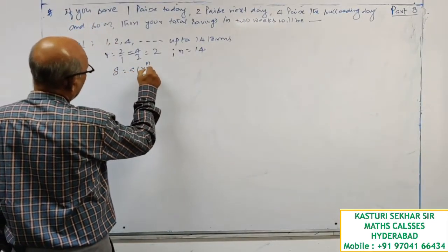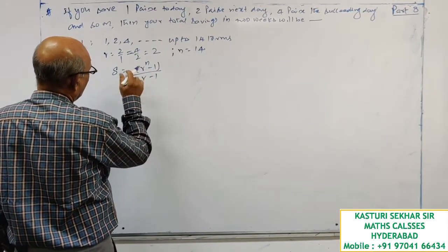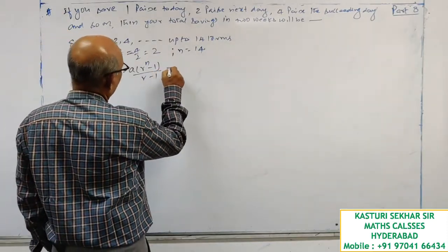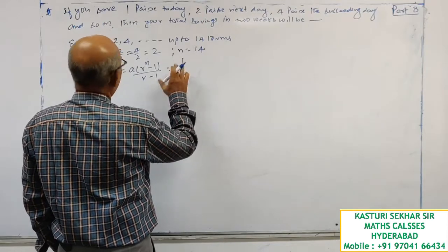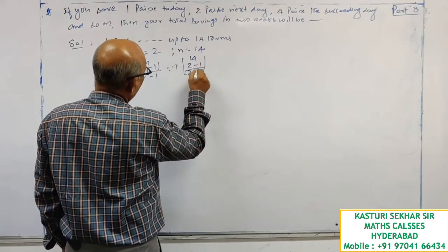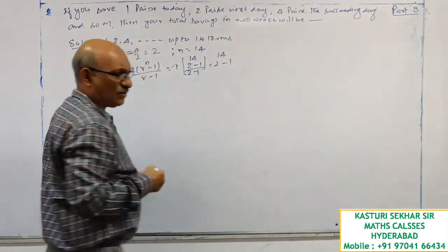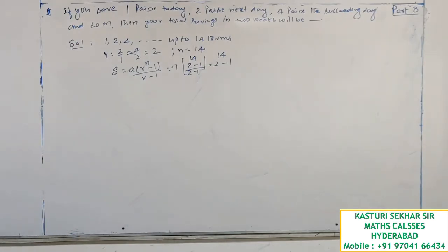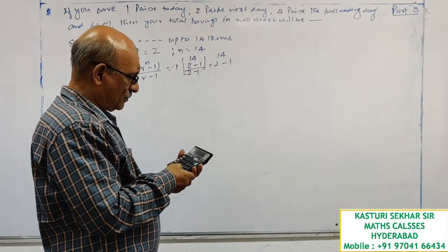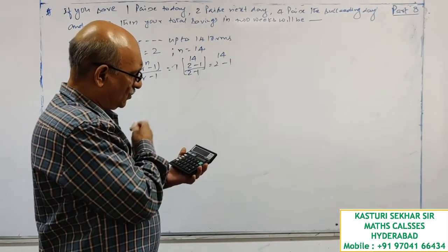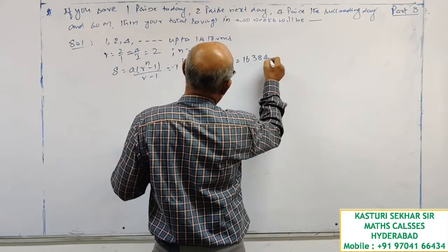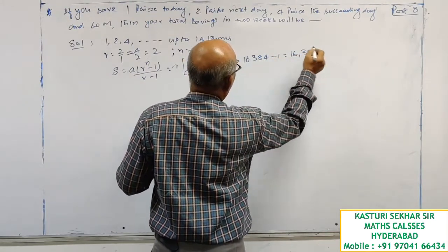S is equal to A into R power n minus 1 by R minus 1. A is equal to 1, common ratio is 2, so 2 power 14 minus 1 by 2 minus 1. 2 power 14 is 16,384. 16,384 minus 1 is 16,383 paise.